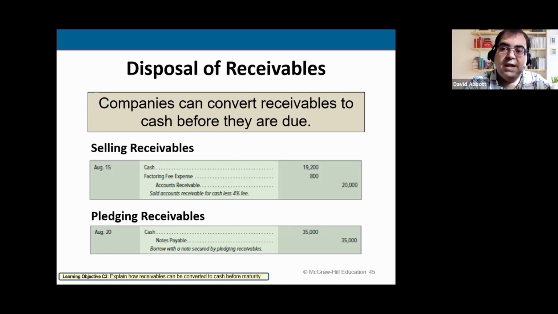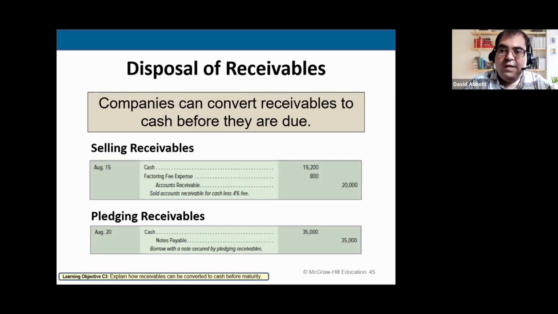So when we sell the receivables, we see that we would debit cash in the amount that we receive, in this case $19,200, and you would also have to debit the factoring expense of $800, and that is how much of it you're not collecting, so the fee.